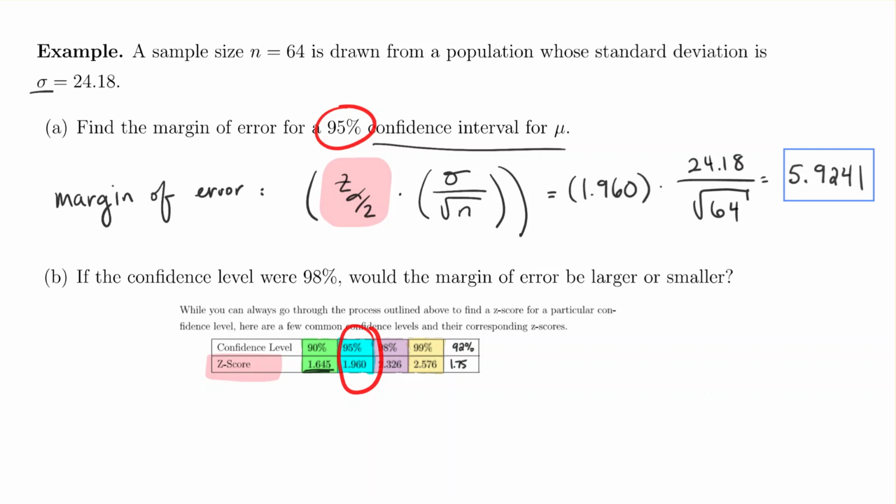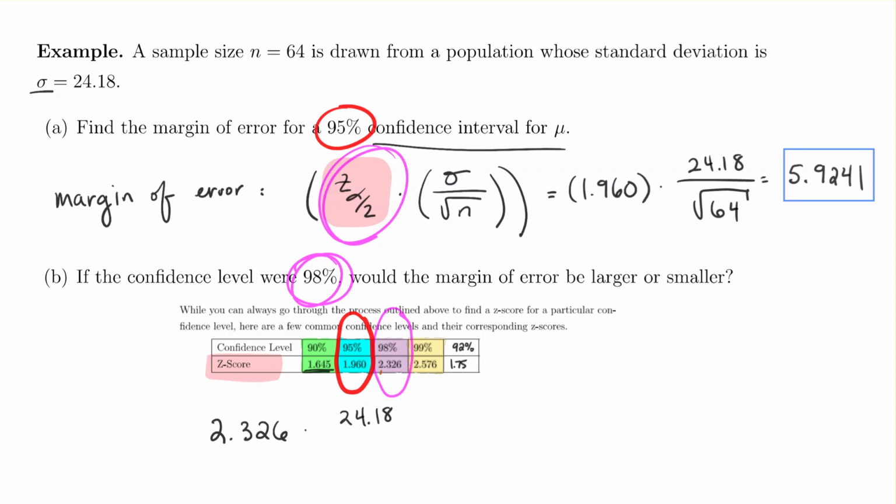If we have a confidence level now of 98%, that gives you a different z-score. The z-score would instead be 2.326. Okay? That would impact this value. So we recalculate 2.326 times the same standard deviation divided by the same square root of n.